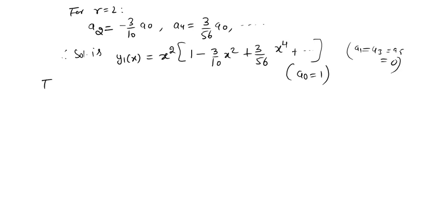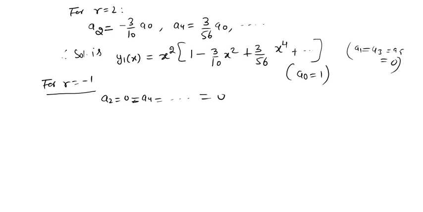If r equal to minus 1, you can obtain from the formula that a2, a4 are all 0, but you have a0, which is non-zero.